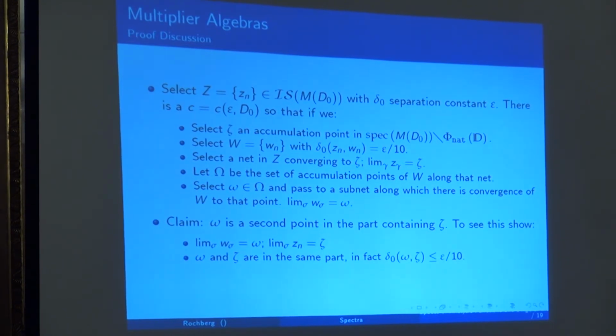So the Gleason distance between the W_n and the Z_n is not too far. But the omega and the zeta are accumulation points, so the Gleason distance between them is not too far apart. And where I wrote here delta zero, I should have written the Gleason distance. So the Gleason distance between omega and zeta is not too big, so they're in the same part.